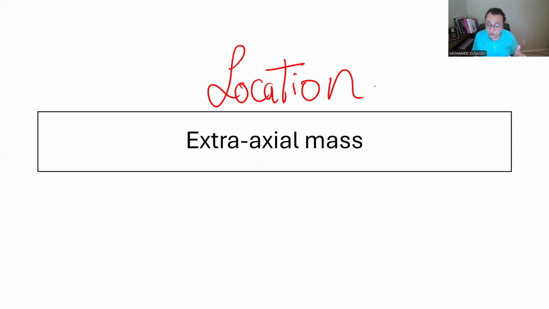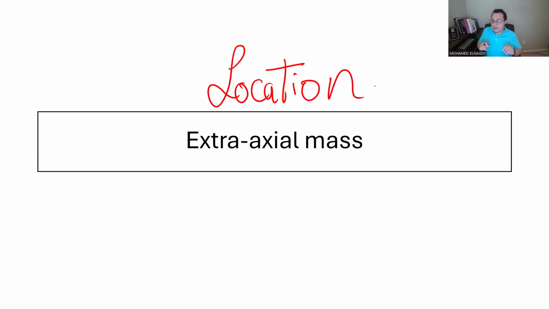This is usually how GBM looks. So this gives us a huge benefit of formulating the correct differential diagnosis based on what we see on radiology. So location of the lesion is very important, whether it's supratentorial or infratentorial, whether it's intraparenchymal or extraaxial.